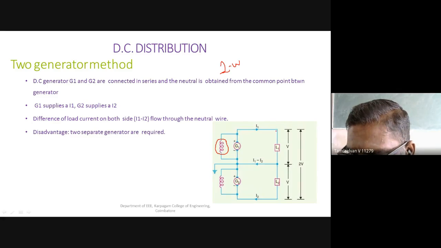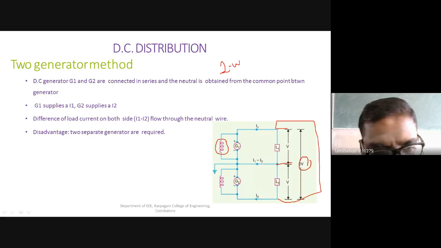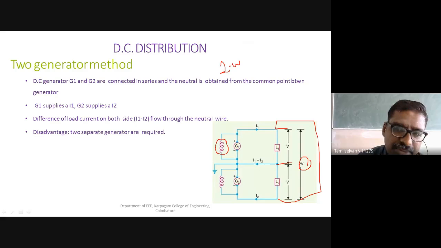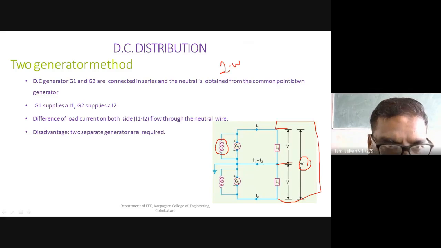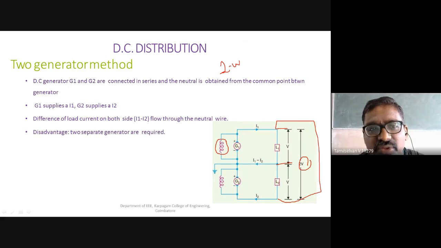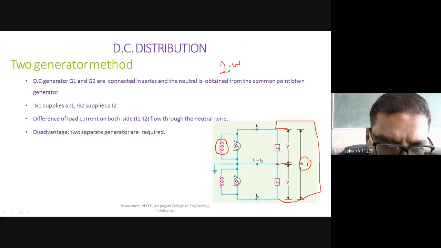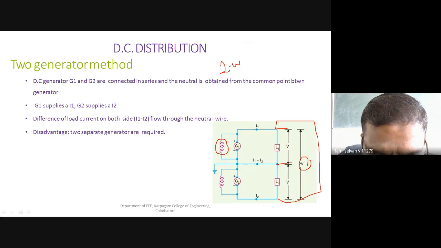If you take the voltage between this point and the neutral, it is V. If you take the voltage between this point and the other outer point, the voltage equals 2V, twice the voltage. One of the main disadvantages of the two-generator method is that we need two generators to produce the power.